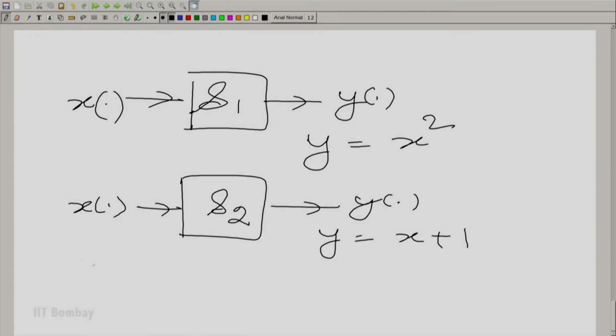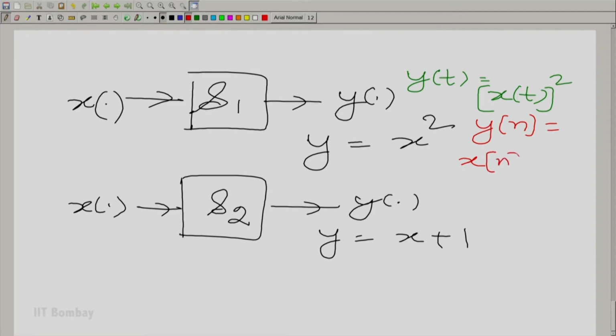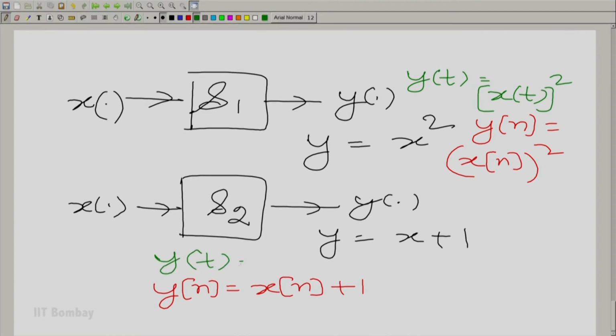So, if it is continuous time, what this would mean is that y(t) is x(t) the whole squared, and if it is discrete time, it would mean, so let me show discrete time in red, y[n] is x[n] the whole squared. Similarly here, if this is discrete, then it would be y[n] is x[n] plus 1, and if it is continuous, then you are saying y(t) is x(t) plus 1.